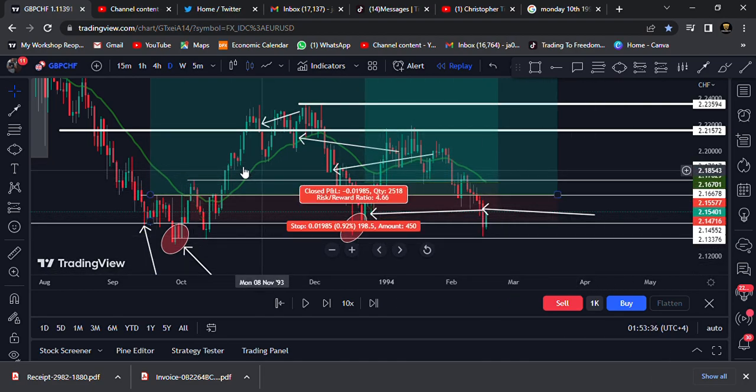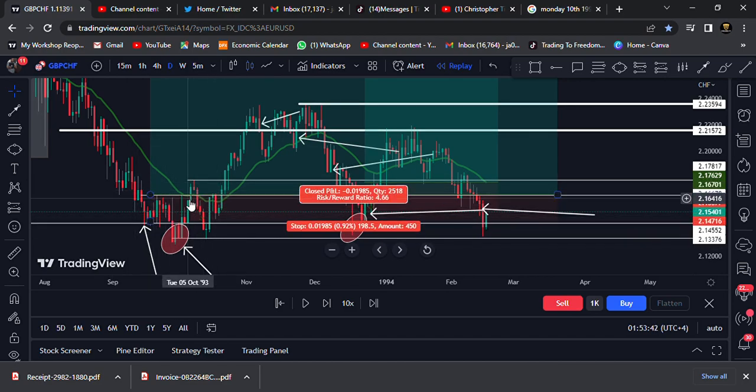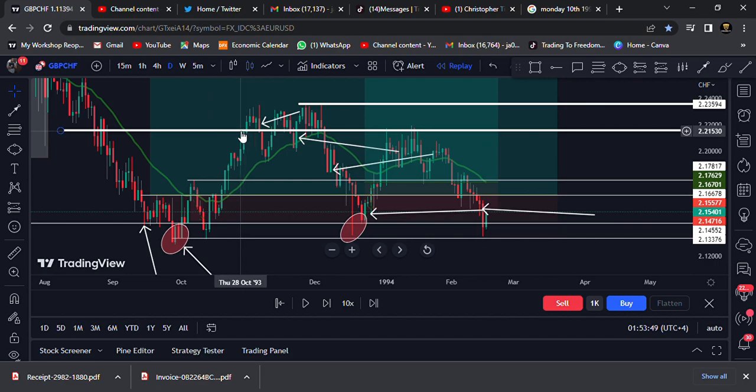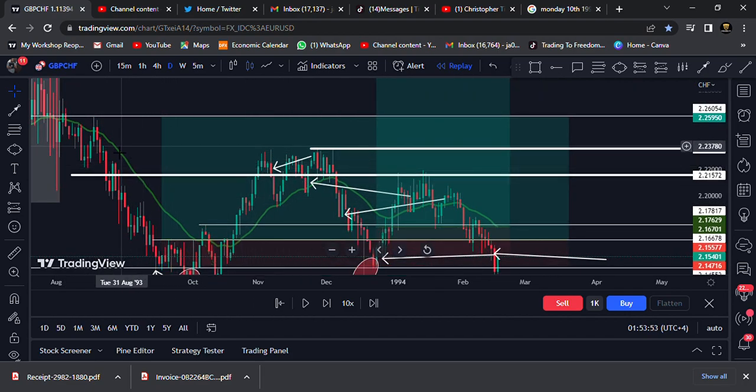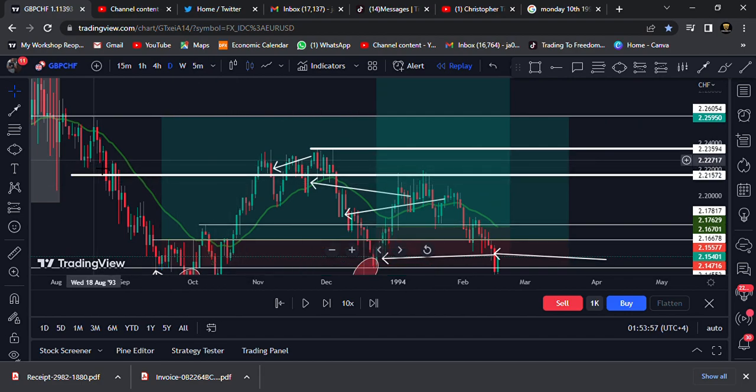So the entries were all sniper entries. We entered here, and the market went straight. The profit, we're supposed to get out somewhere around here. Yeah, at least with this one, the first level was here.